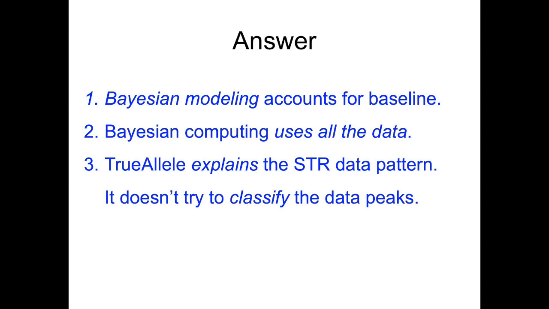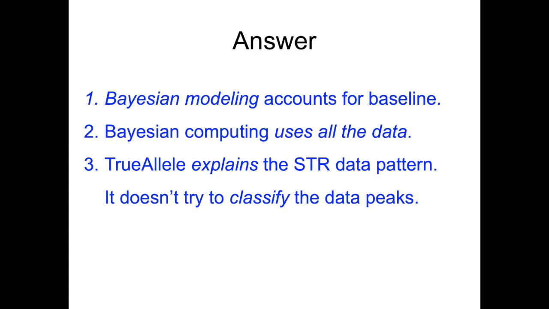For example, if you're looking at a 2-person or 3-person mixture, and you only look at 1 or 2 peaks per locus, you're not going to get much information about that sample because you don't have enough data. There's another reason that is also part of the Bayesian framework.